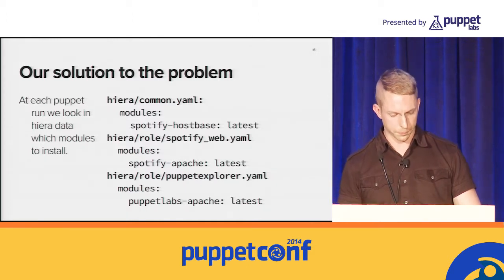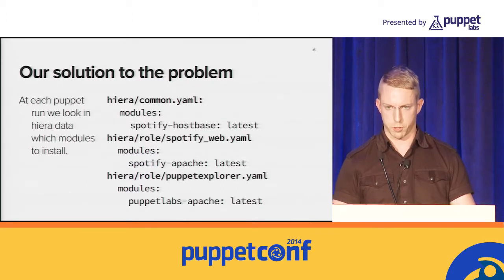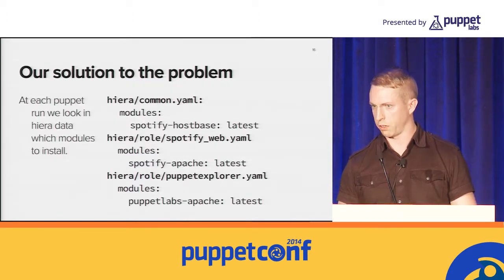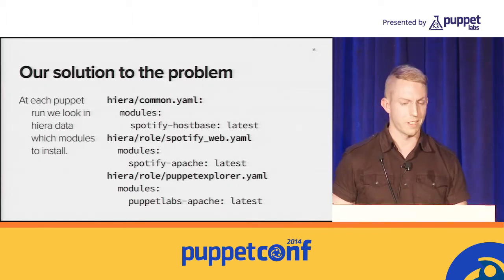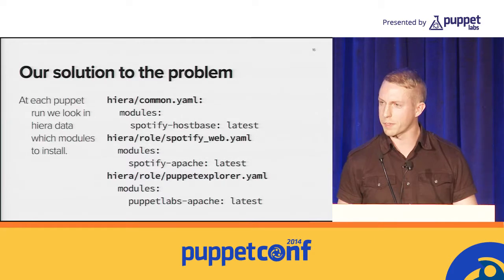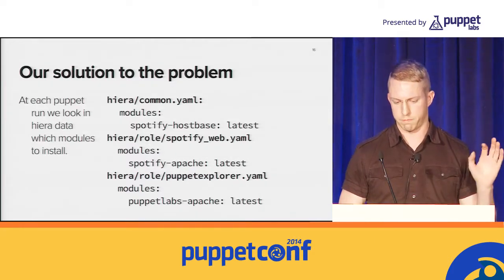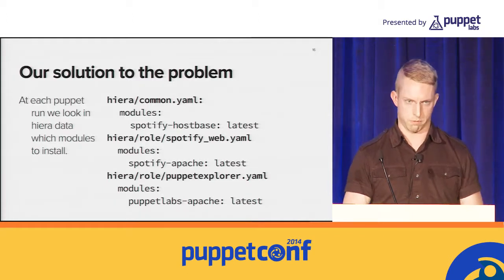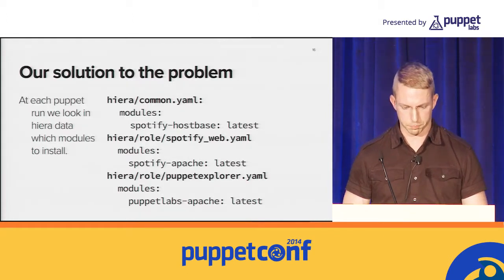So you could also use it for having PostgreSQL 1.x on one node and PostgreSQL 2.x as the module versions on another node. So then it's much easier to do a gradual rollout, one roll at a time, and that sort of stuff.